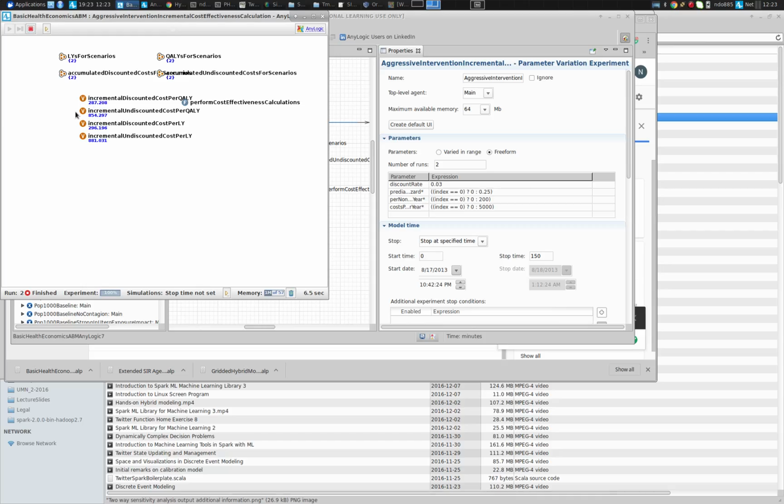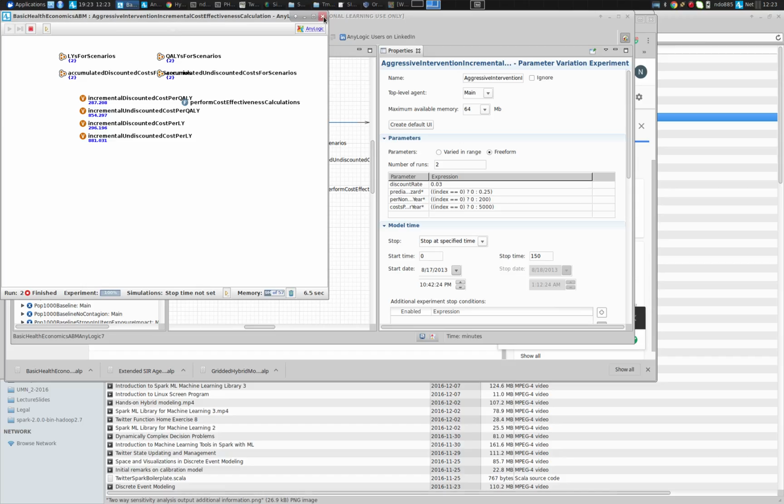Here's the undiscounted cost per year. Per quality, rather, and this is per life year lived versus not life year lived. That was performed after it read out the life years lived from the two scenarios, the qualities from the two scenarios, the accumulated discounted costs, and undiscounted costs.